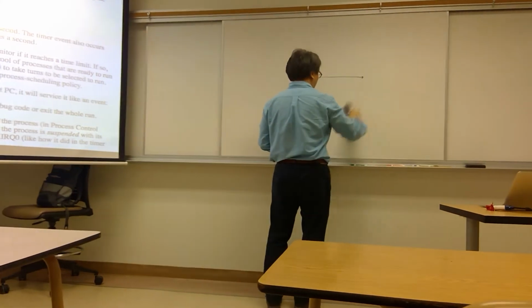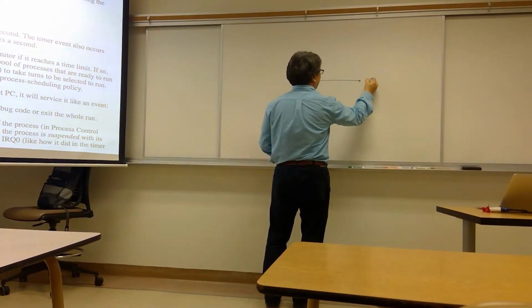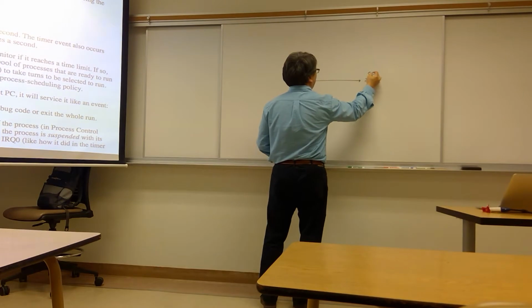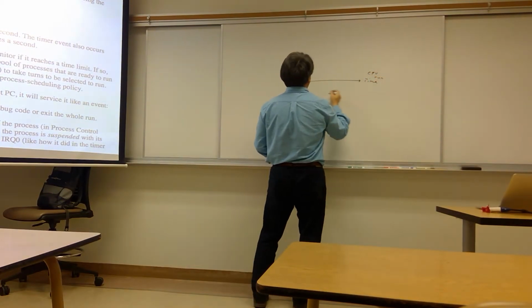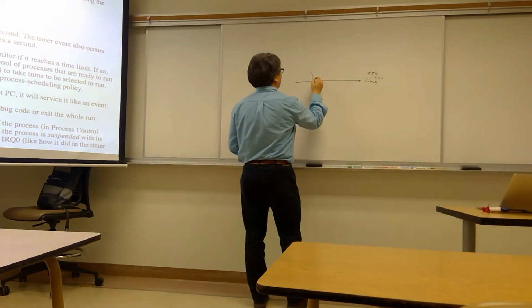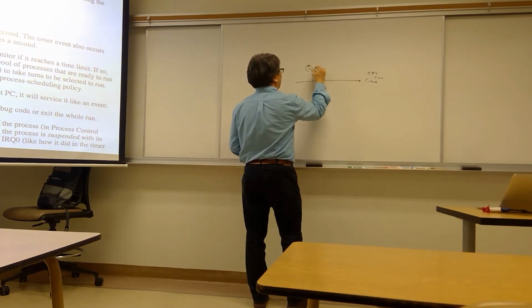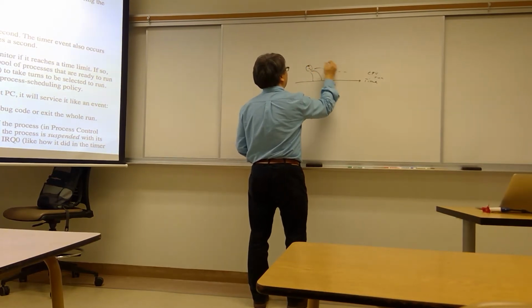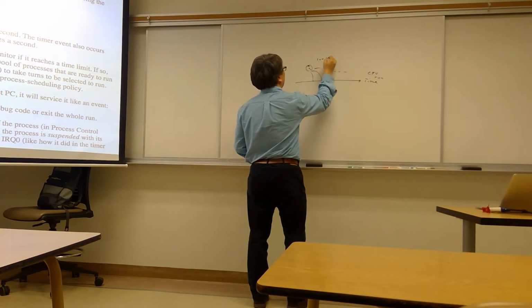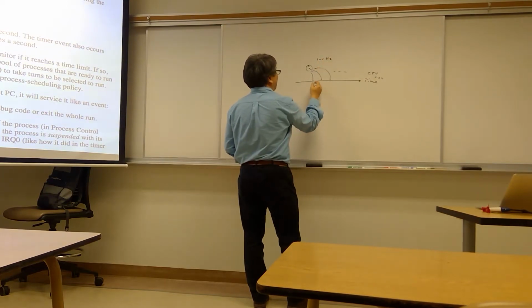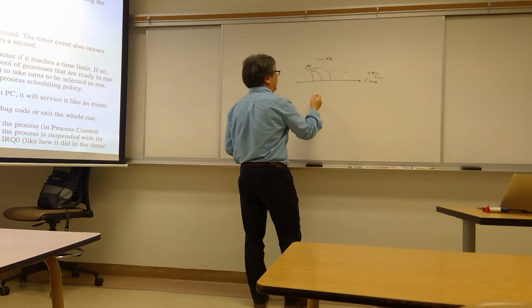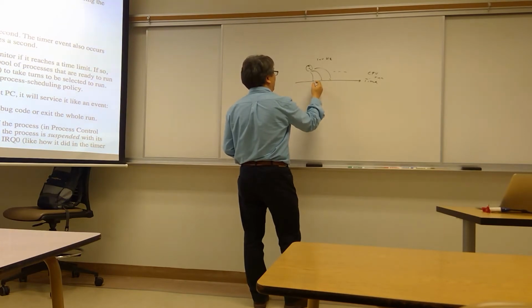I want to draw it like a time device. So the CPU runtime in a timeline. The timer interrupt is going to occur at a frequency of 100 times a second. Okay. So there, context switching will happen, timer service code will happen.